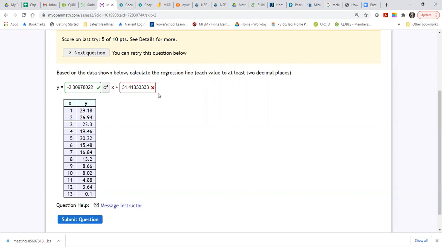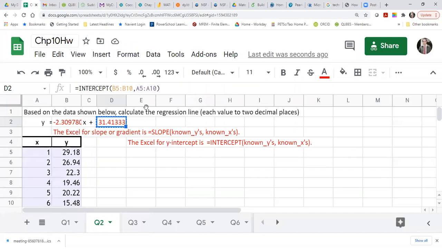Calculate regression line. So the slope is correct, but the intercept is wrong. Let me see what is happening. Oh, I think I didn't change the data. See this? You have to change the data to 17, so B5 to B17. The same thing for this one, from A5 to A17.